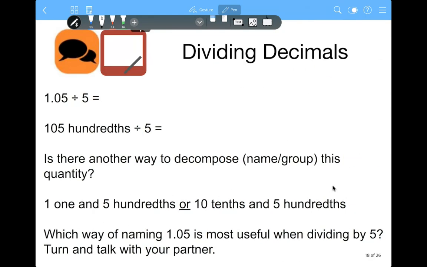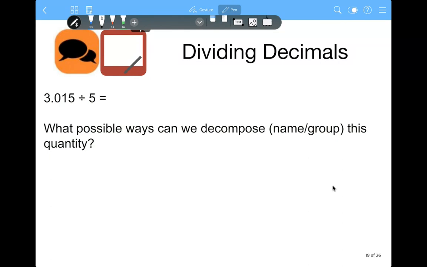Let's go ahead and try it again with this one. So this one's a little bit trickier, but what I can do here is break this down into smaller pieces, kind of like when I divided my multiplication problem. So I have 30 tenths divided by 5, and I have 15 thousandths divided by 5.